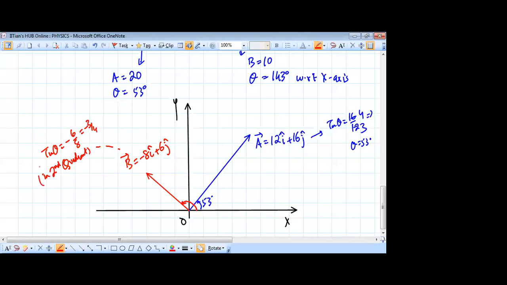So that means theta is going to be 180 minus 37 or 143 degrees.